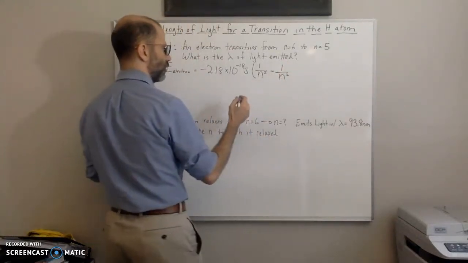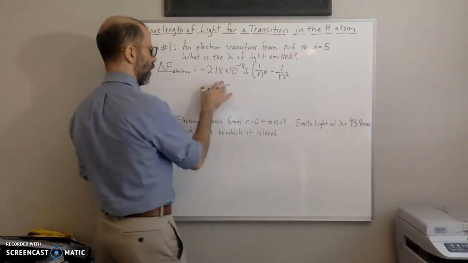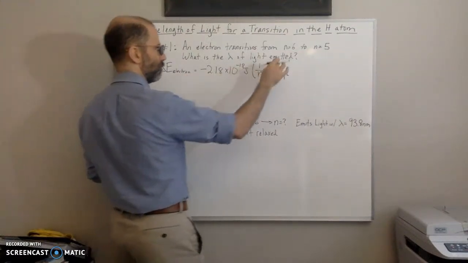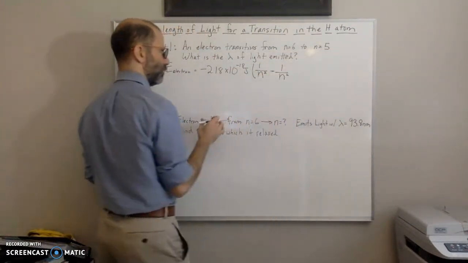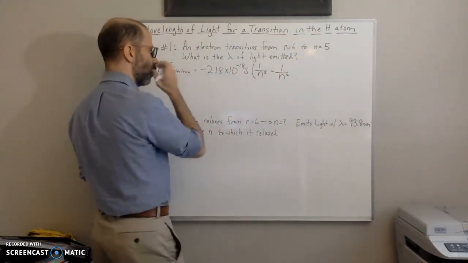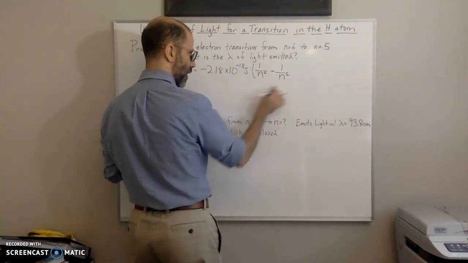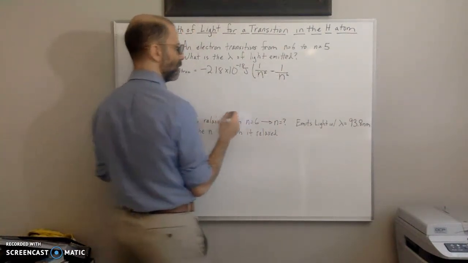So which one is which? Since we're going from n equals 6 to n equals 5, that's going down, so we're going to lose energy. So the overall should be negative. So this should be positive when all is said and done.